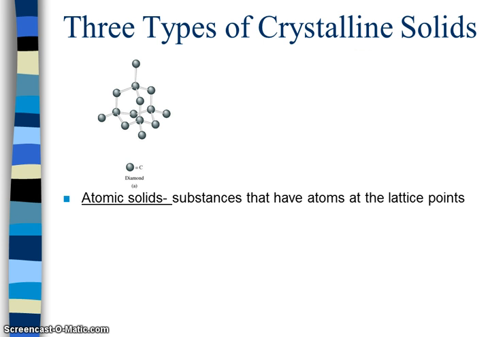The name tells you what's going to be at the lattice points: atoms. Atomic solids are substances that have atoms at their lattice points. A good example would be carbon in the form of graphite or diamond. Boron, silicon, and all metals are also considered atomic solids because they have atoms at their lattice points.